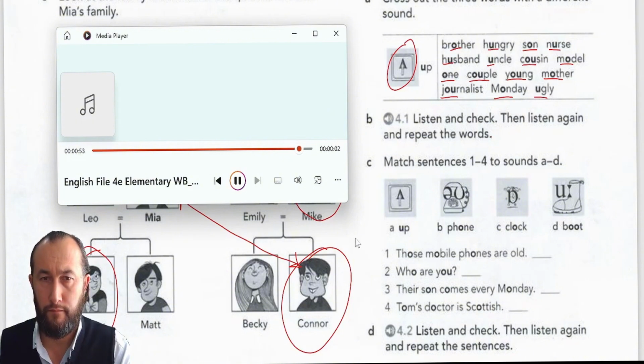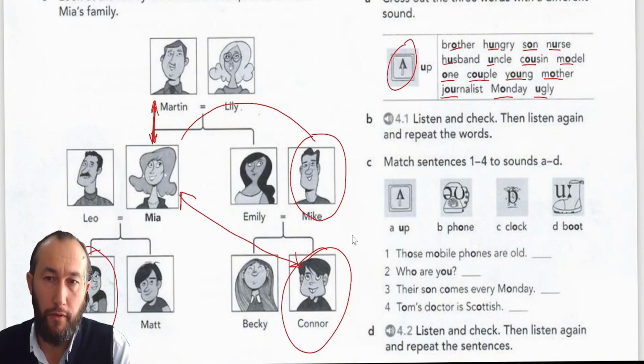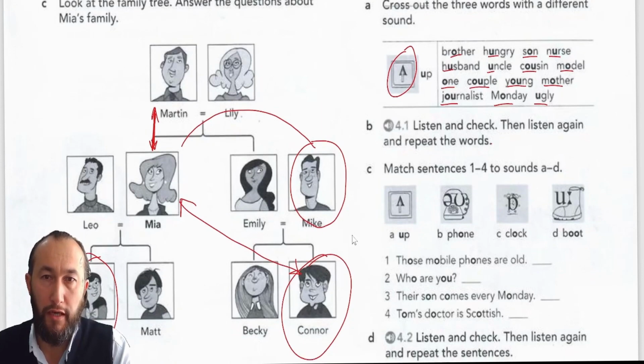Ugly. That's it. So brother, hungry, son, nurse, husband, uncle, cousin, model, one, couple, young, mother, journalist, Monday, ugly. In England, for example, they say it a little bit differently.